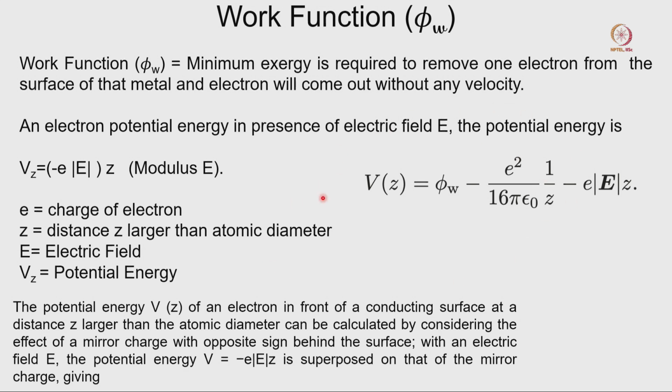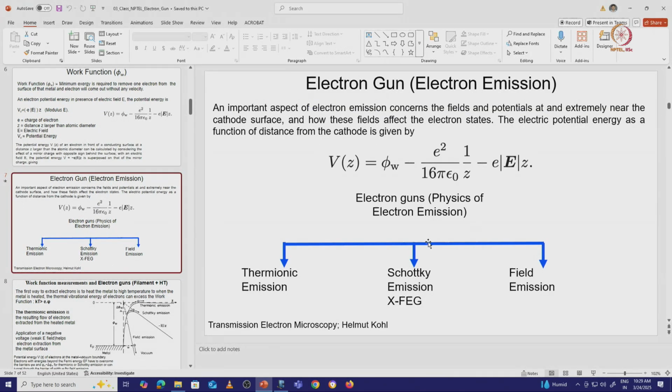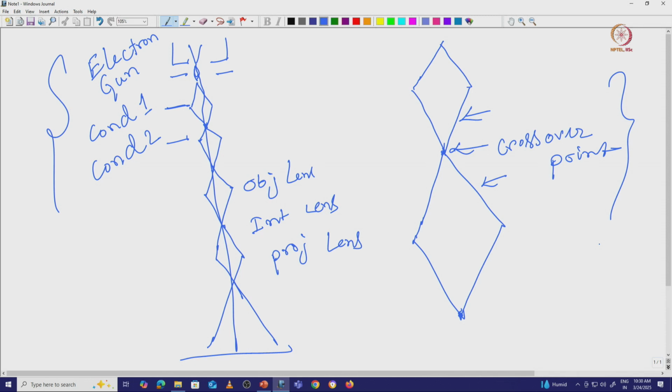Now, this is the relationship between the potential energy and the work function. Now, we want to draw a diagram and see how this thermionic emission is happening and what is the relationship with the work function and the other systems.